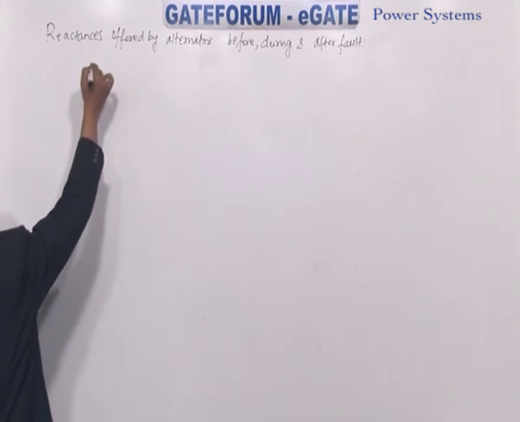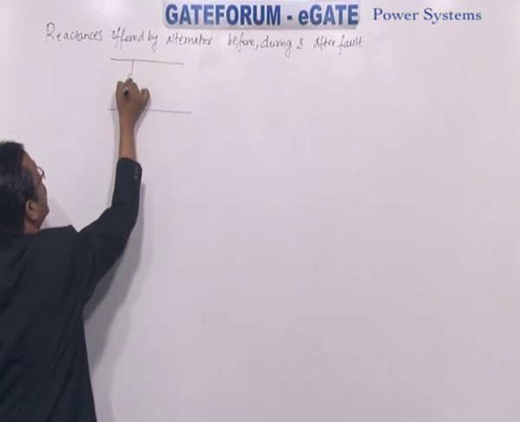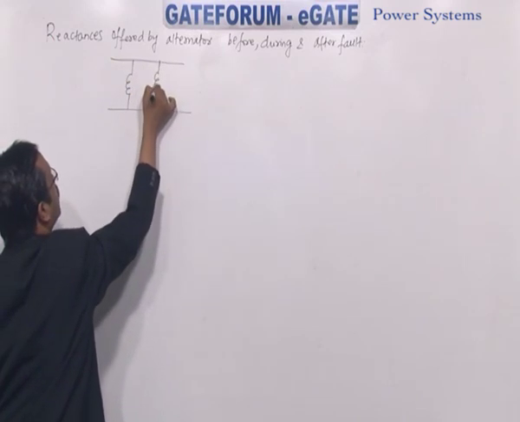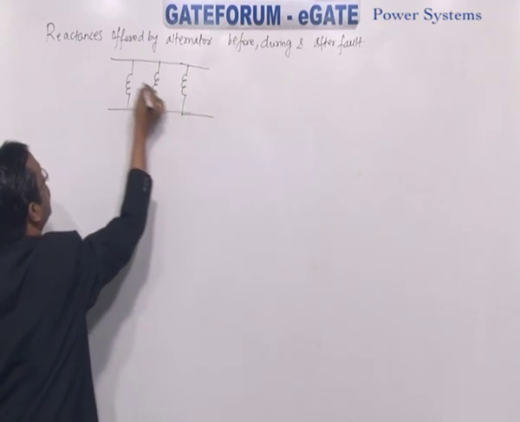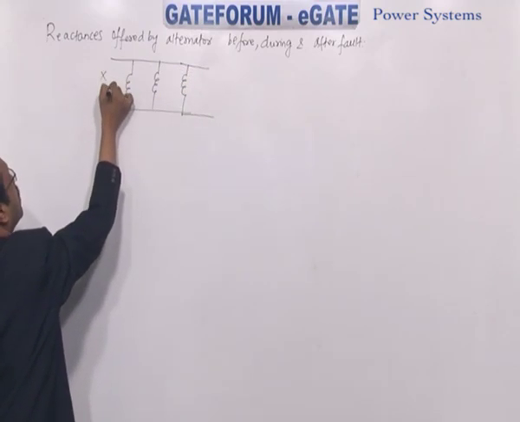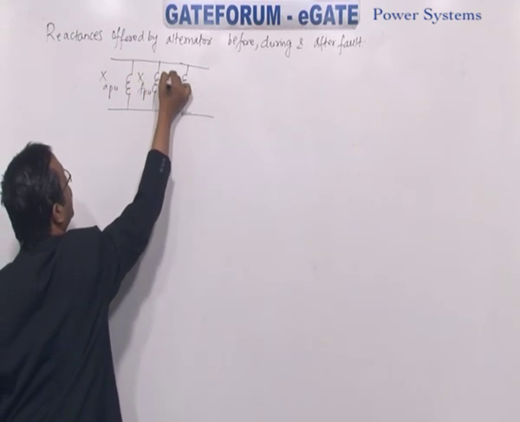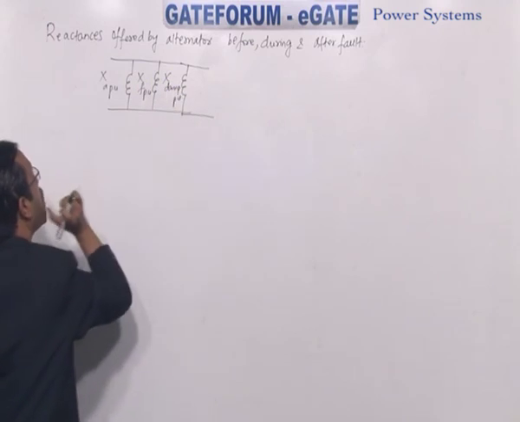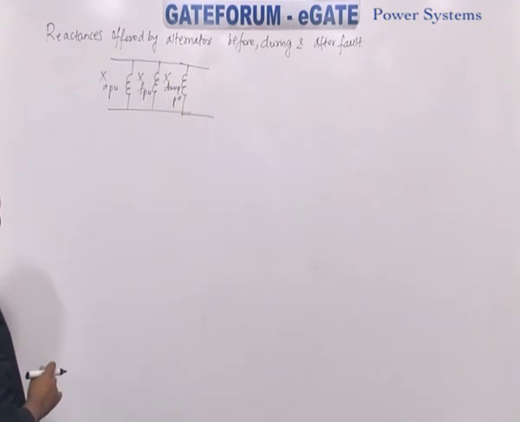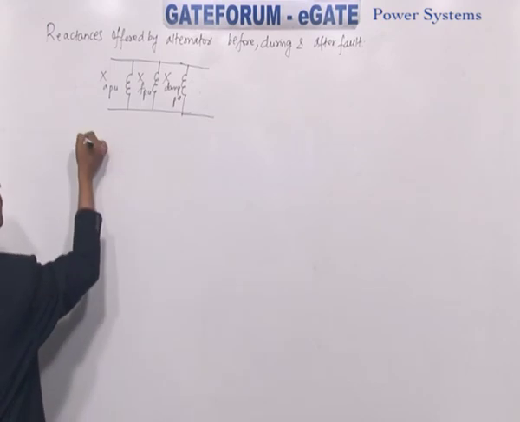So first we know that an alternator consists of three windings in parallel: armature winding, field winding, damper winding. So what is the equivalent reactance now?